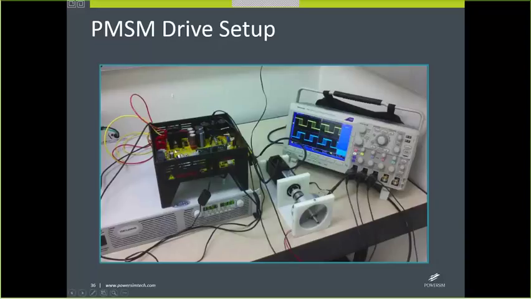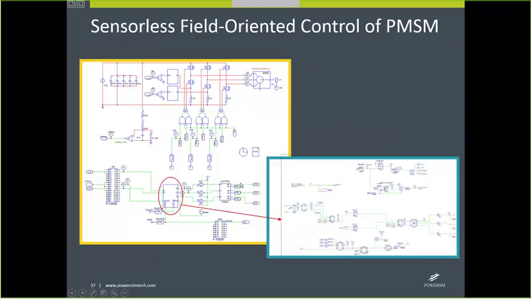Here's a look at the setup. Here's the dev kit, and this is the PMSM motor that they supply, and you can see it's running away. And look at the oscilloscope there. Here's a look at some of the schematics. This is the dev kit up here, and down here we have the sensorless field-oriented control of the PMSM.